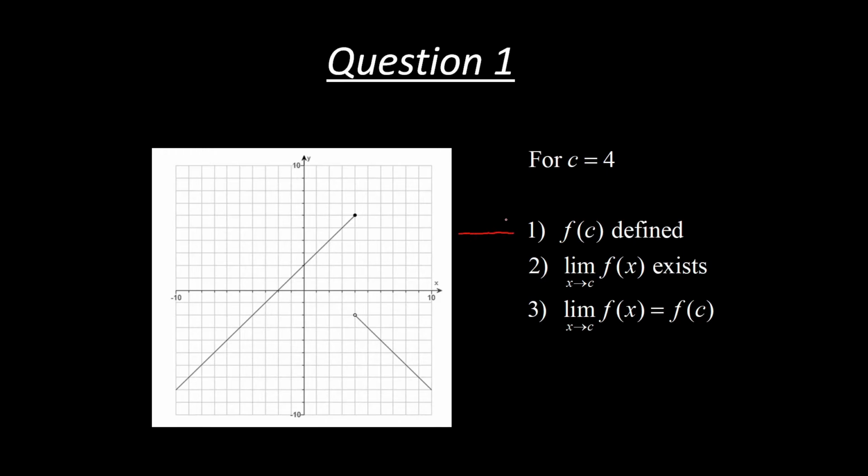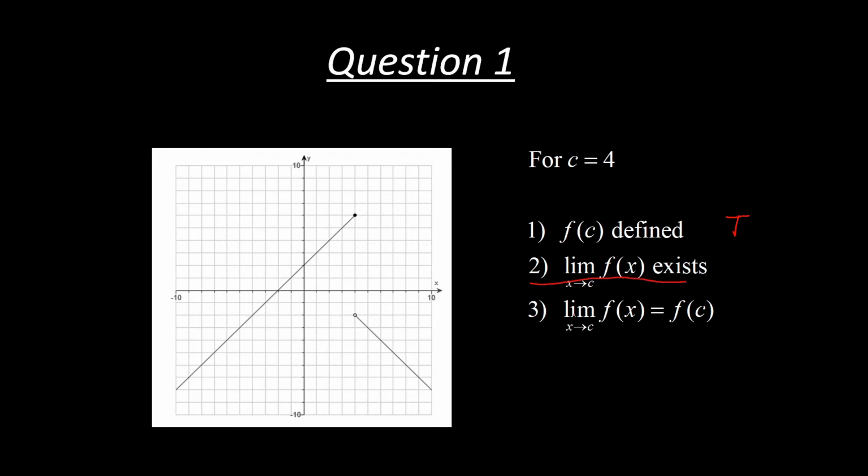So for property 1 here, is the function defined at 4? Well, it is defined right here at the closed circle. So 1 is true. The function is defined at 4.